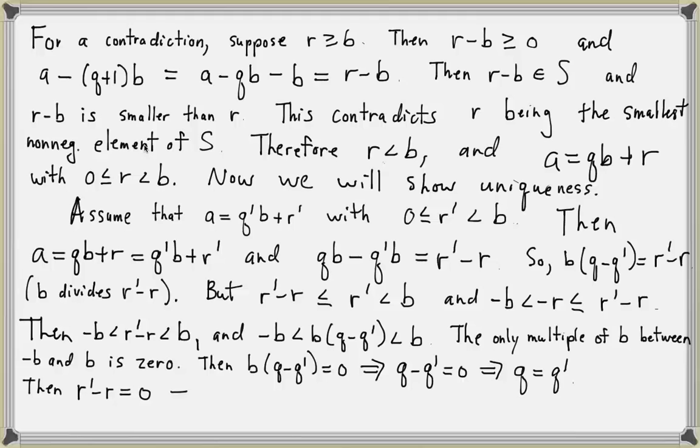Which implies that R prime equals R. This proves uniqueness. And concludes the proof of the division algorithm.